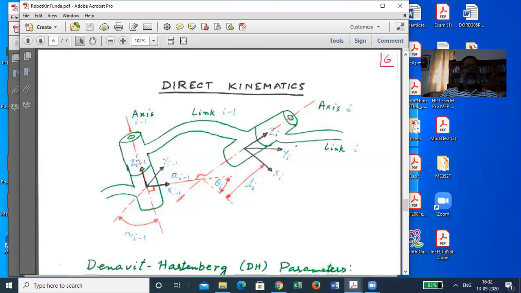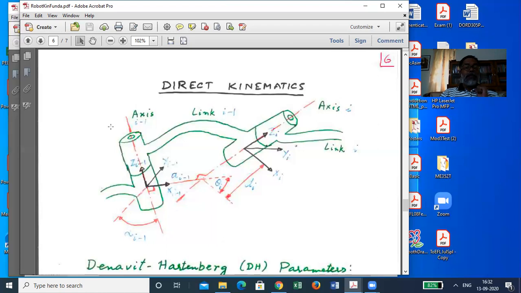So along that you put the z-axis, and the x-axis is put along the common perpendicular from this foot of the perpendicular to that foot of the perpendicular. So this is the x-axis, and this is the z-axis, and therefore the y-axis gets settled. The unit vector along z crossed with the unit vector along x will give the unit vector along y. Fine. So you have got the frame of reference here.